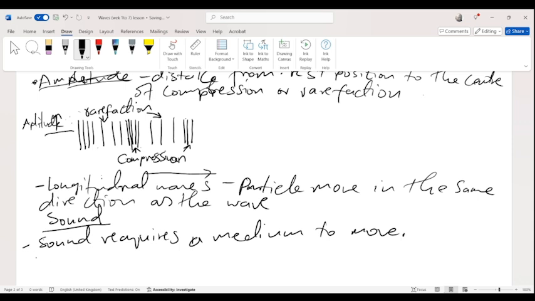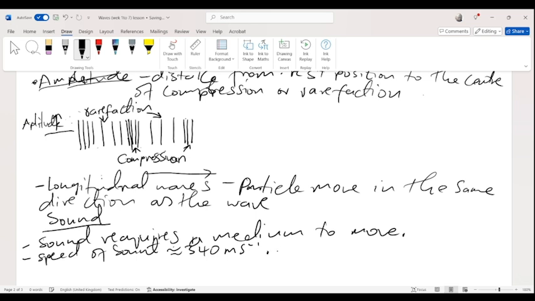And what we know is that the speed of sound is approximately 340 meters per second.